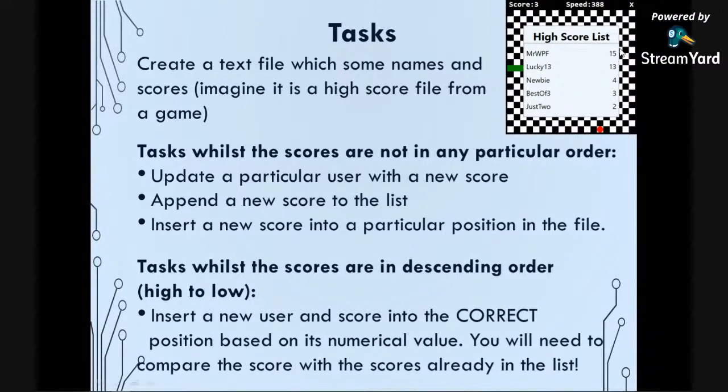So you'd look at the top value and go, is this value more than or equal to 11? If so, then go down. Is this value more than or equal to 11? If so, then go down. And then you're going to keep going down until you get to a value that is not more than or equal to 11, and you just put it beforehand. Okay? So I hope that kind of makes sense.